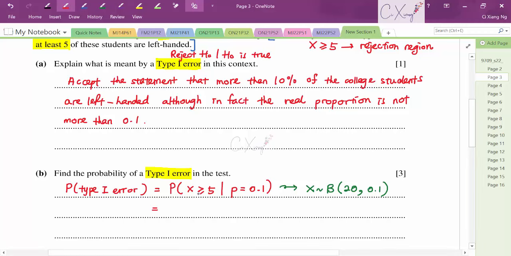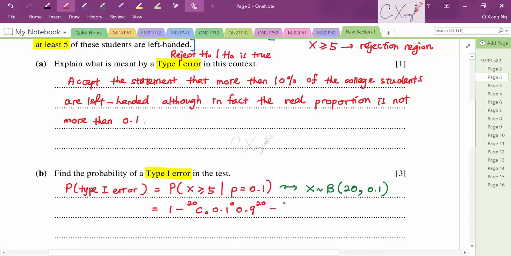So X greater than or equal to 5 is too long. If I want to start from X equals 5, X equals 6, until X equals 20, it is too long. Therefore, I take 1 minus X equals 0, 1, 2, 3, and 4. For binomial distribution, when X equals 0, it will be 20C0, 0.1 power 0, and 0.9 power 20.